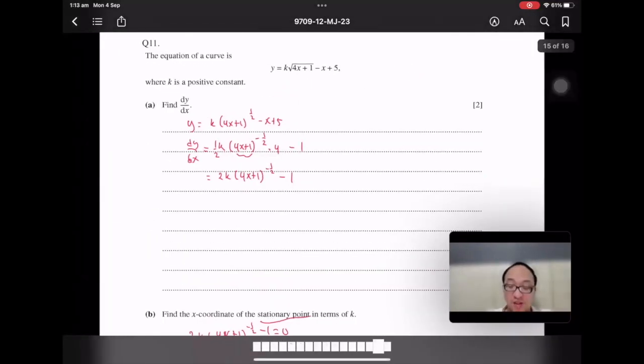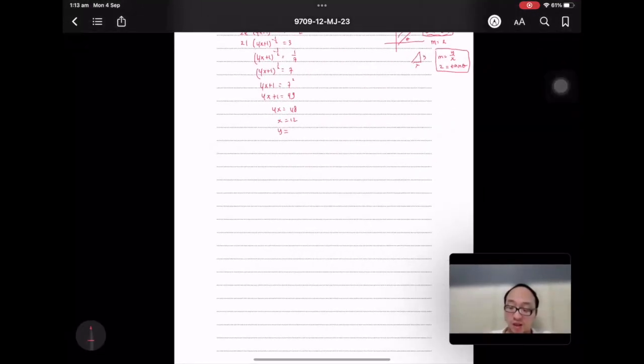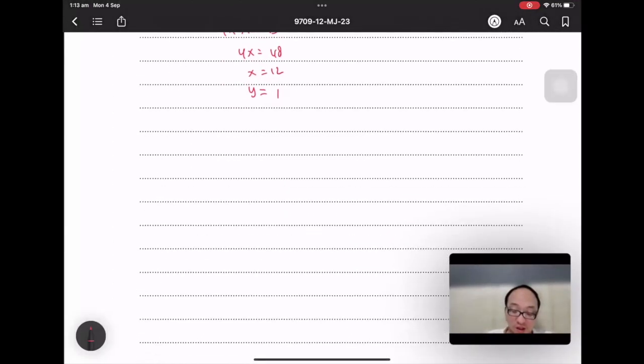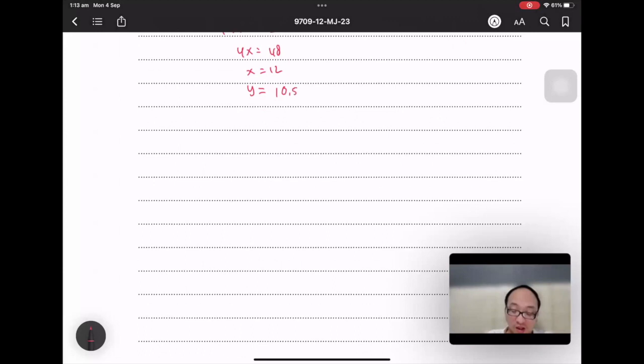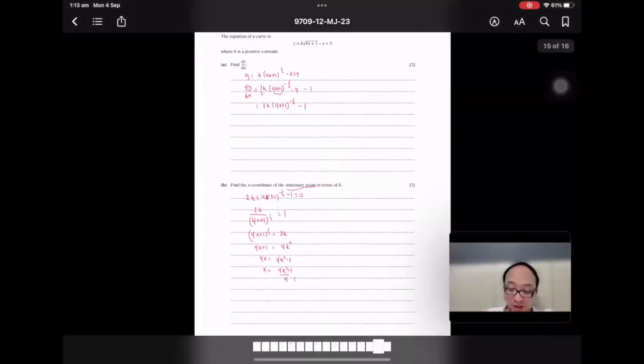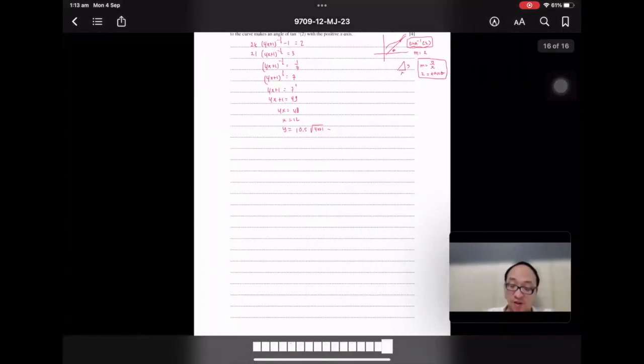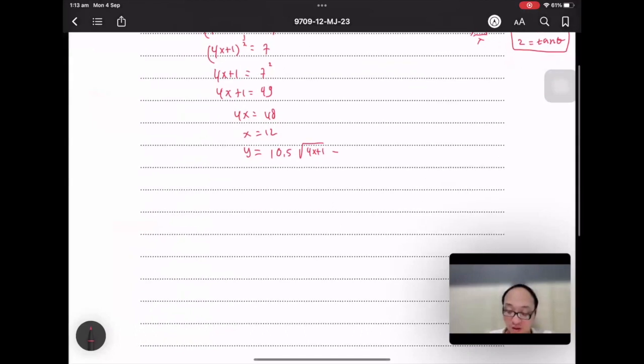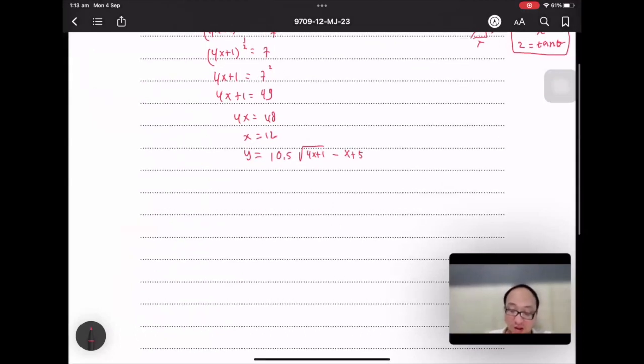So x equals 12 and y equals, we put it into the original function, k root (4x plus 1) minus x plus 5. And then put x is 12, root 49, minus 12 plus 5.